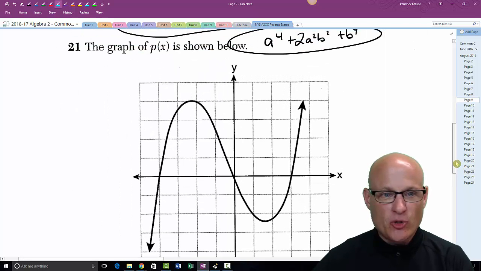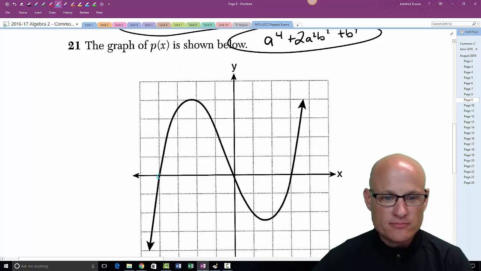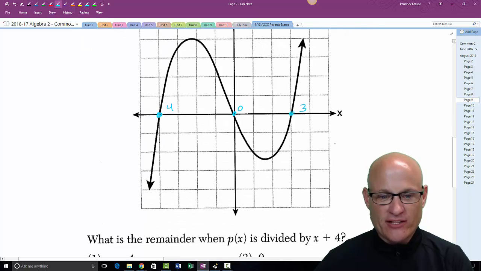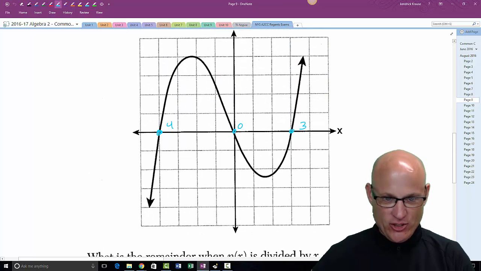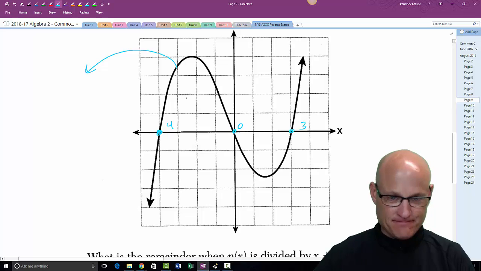It appears to be a cubic function. It's got 3 roots. My 3 roots are negative 4, 0, and 3. Now, the question says, if I divide p of x by x plus 4, what's my remainder? Well, you need to be able to say, oh, wait a second.